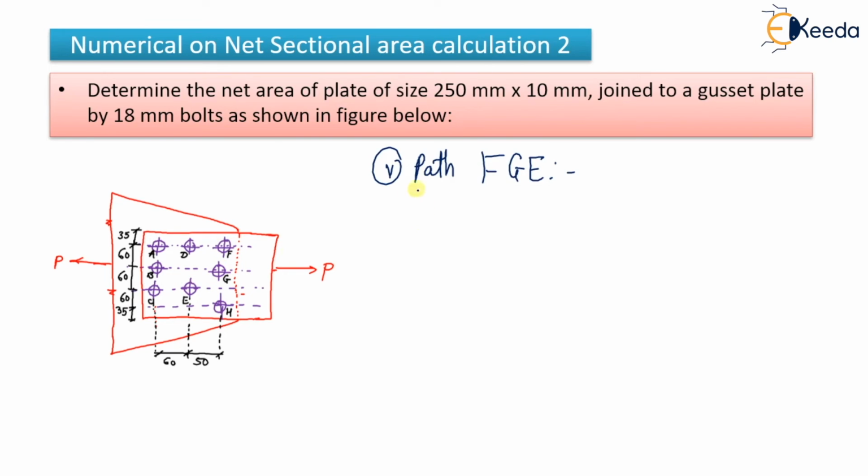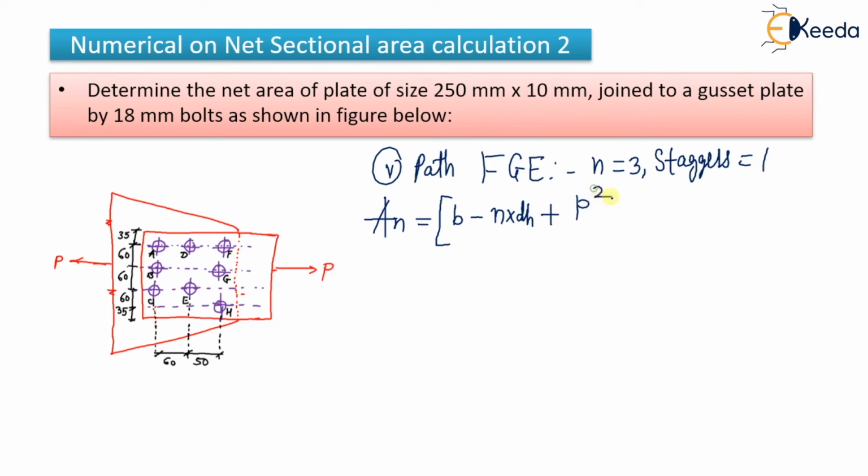FGE, yes, it has a stagger. Number of bolts is 3 and stagger is only 1. So what will be the formula? If your path has a stagger, the formula will be: B minus N into DH, and how many staggers are there? One only, so I'll put P square by 4G only one time, bracket close, into T as it is.